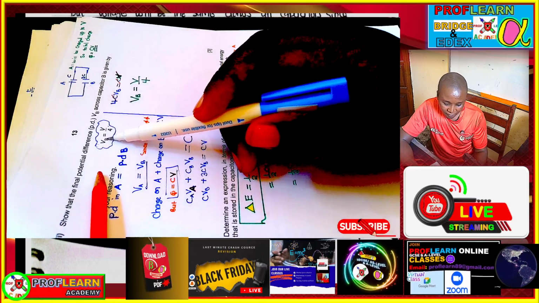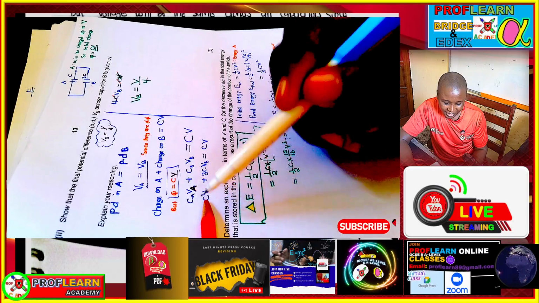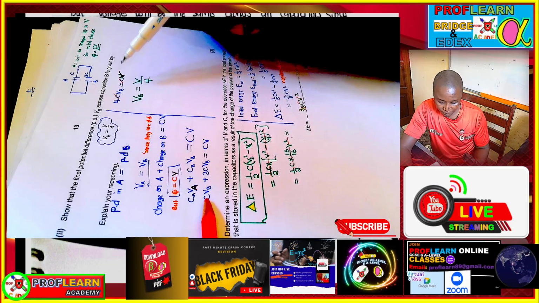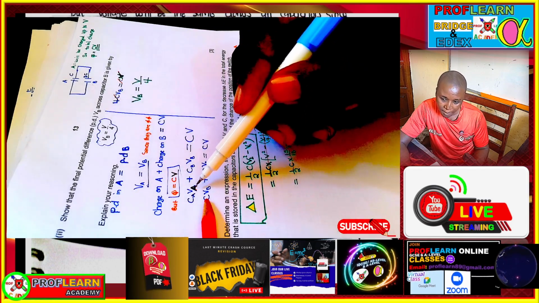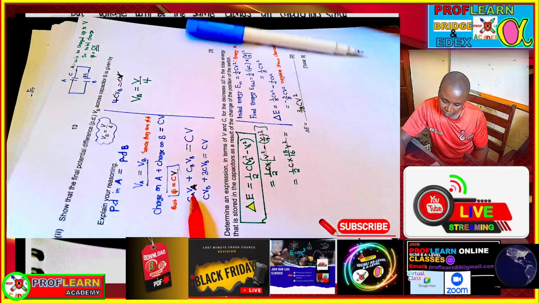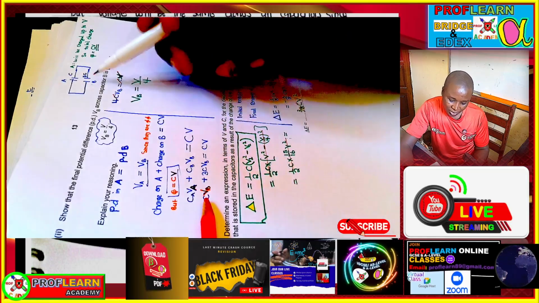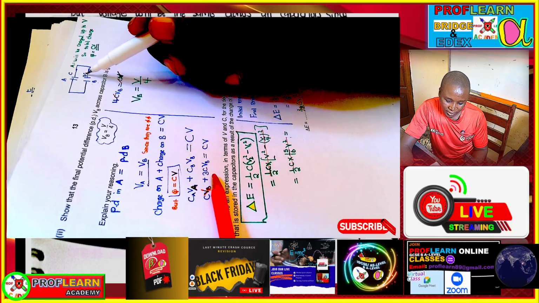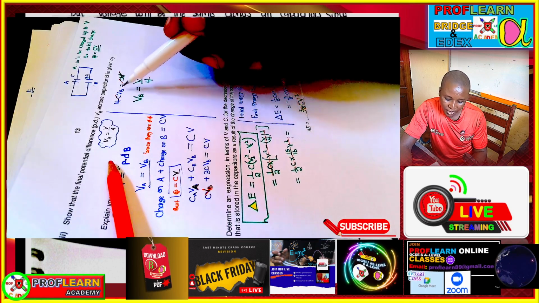So since this expression is having B, instead of writing VA, I can write that charge in capacitor A will be equivalent to the capacitance of A, which was C, times the voltage of A. But the voltage of A will be equal to the voltage of B. So that's why I've written voltage of B here, plus the final charge in B, which is going to be the capacitance of B, which was 3C, times the voltage of B. So if I add these two, I'm going to get 4C VB.